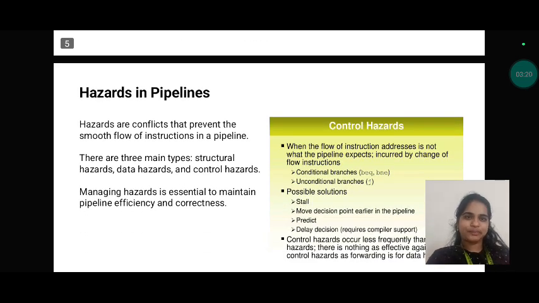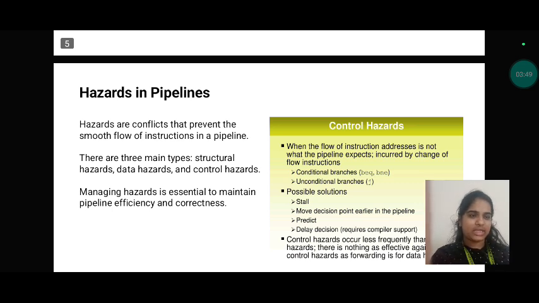Hazards in the pipeline. These are hazards and conflicts that prevent the smooth flow of instructions in the pipeline. There are three main types: structural hazard, data hazard and control hazard. Managing hazards is essential to maintain pipeline efficiency and correctness. A control hazard occurs when the flow of instruction addresses is not what the pipeline expects, caused by changes in the flow of instructions: conditional branches and unconditional branches.